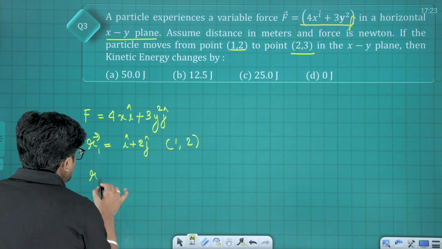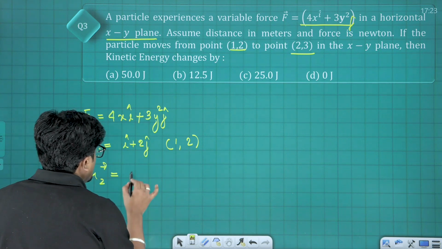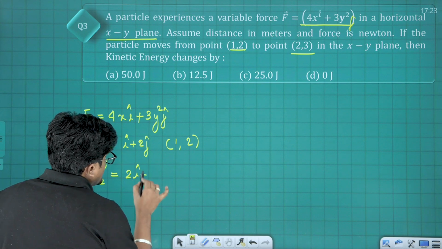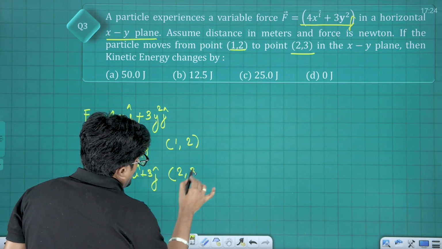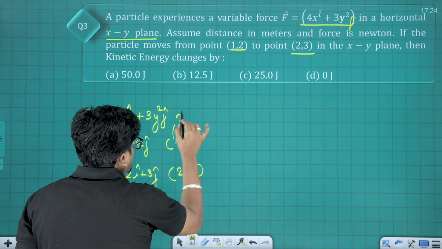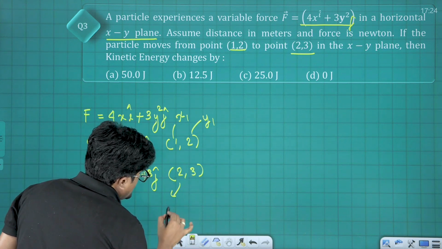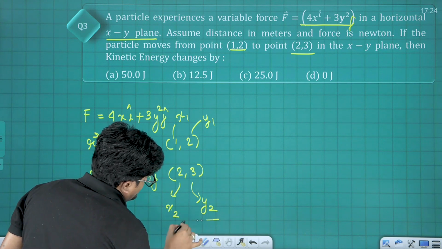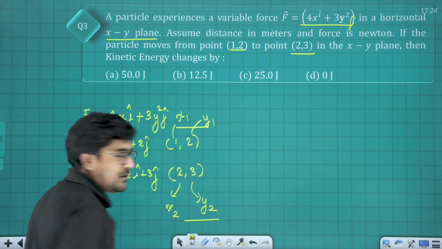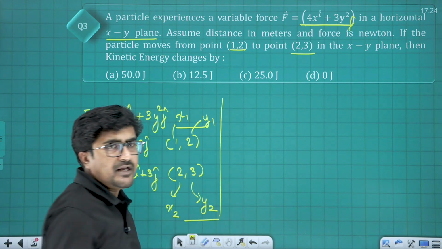And R2 is 2i plus 3j, or I can mark it as (2, 3). So this is x1, this is y1, this is x2, and this is y2. All right, so this initial data is very important.